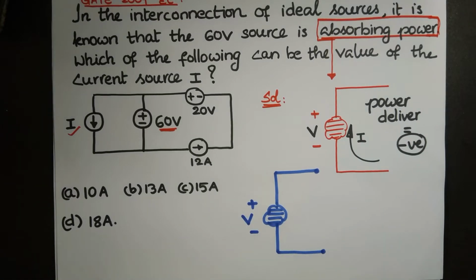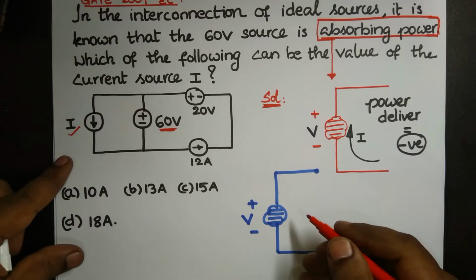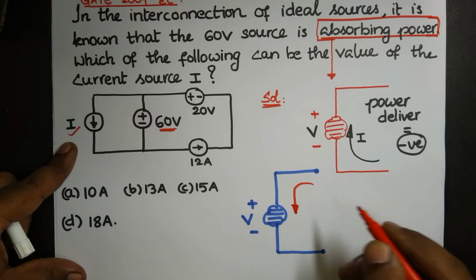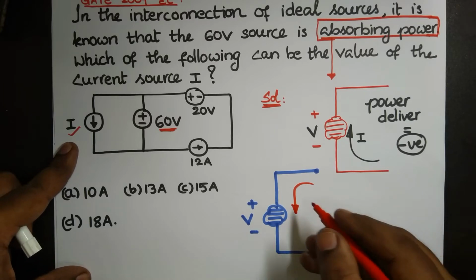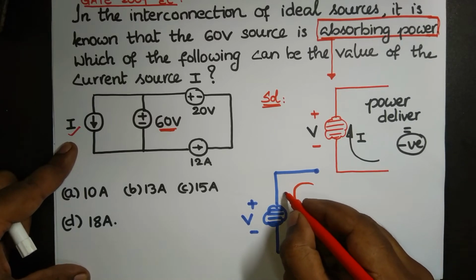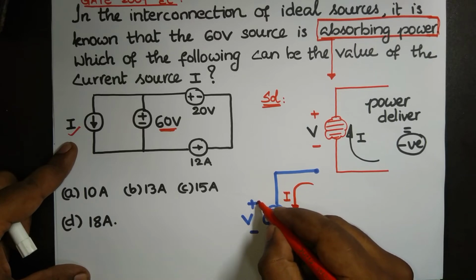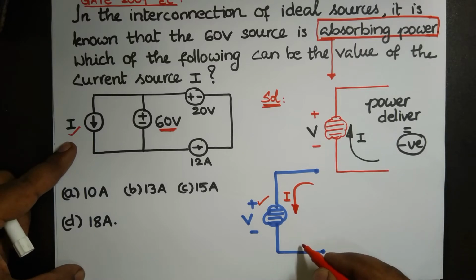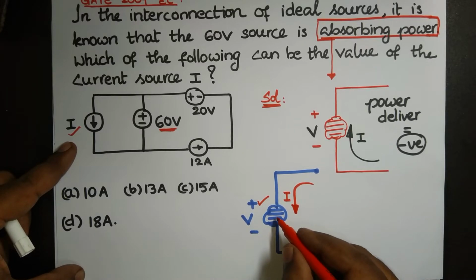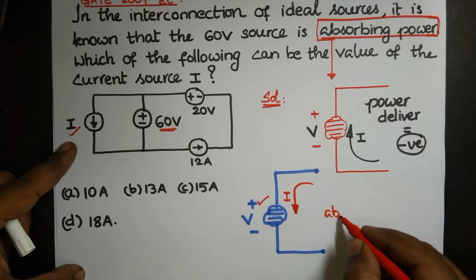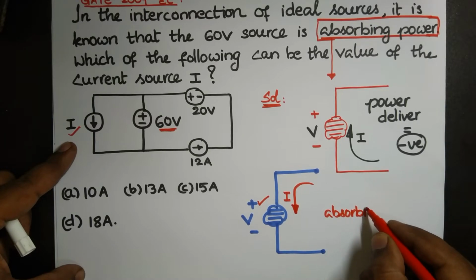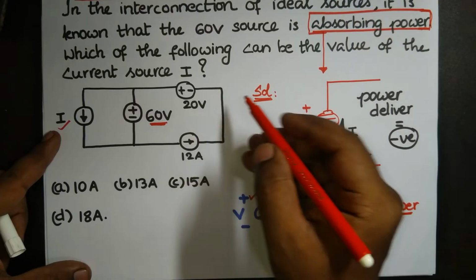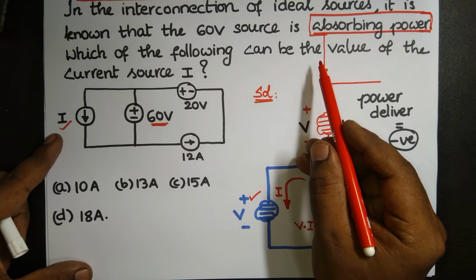Now if the current is coming all the way and taking an anti-clockwise journey, where is the current entering? Current is entering at the positive terminal, so it will exit at the negative terminal. Now this element is absorbing power. Why? Given like this, the 60 volt source is absorbing power.